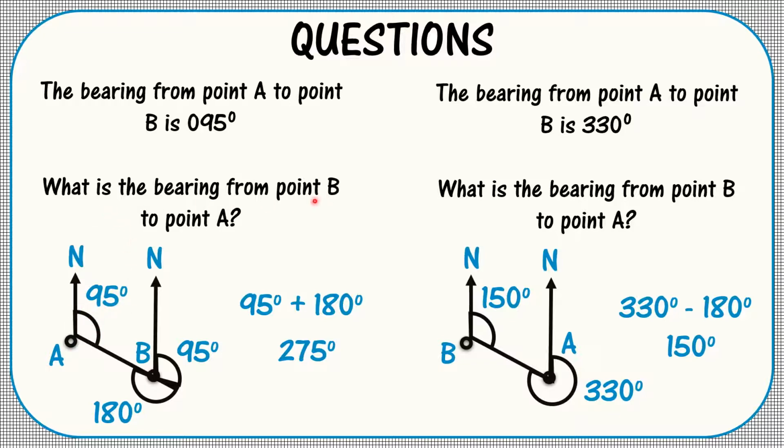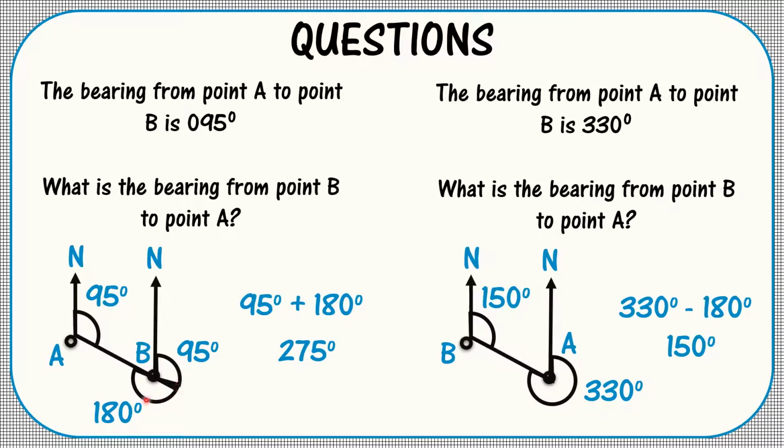What is the bearing from point B to point A? So we are going backwards. What you would have done is drawn a north line at B. What you should understand is that this north line and this north line are parallel. Therefore, this angle and this angle are corresponding, and we know that corresponding angles are equal. So this angle is 95 degrees. Therefore, this angle is also 95 degrees.